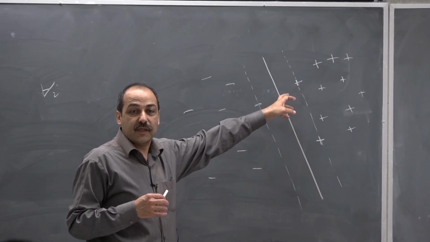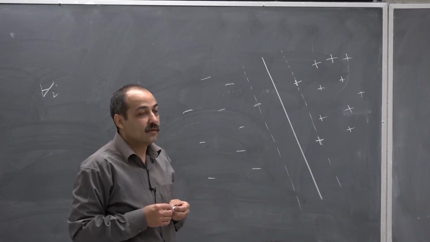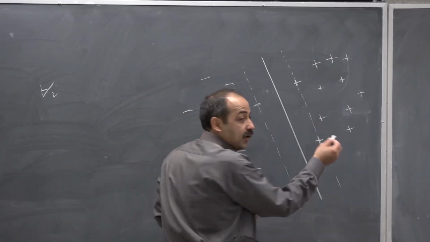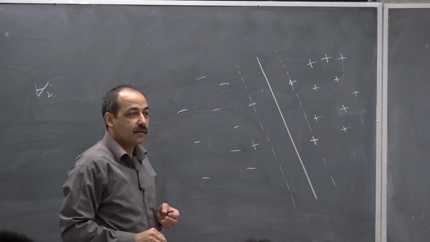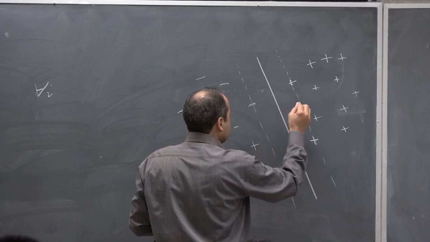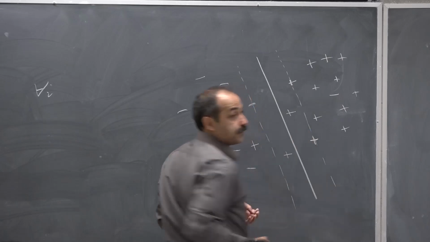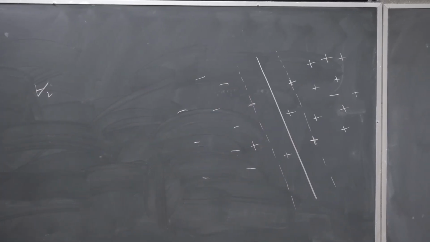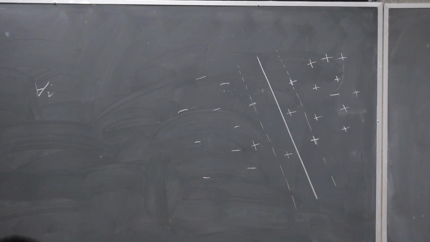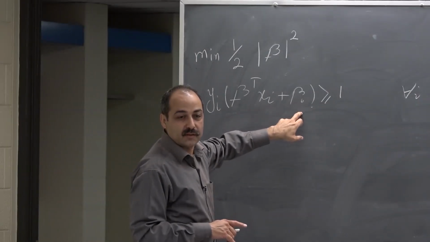It's not possible means that there are always points that are on the other side. So you have this decision boundary, but there is one point from the positive class which is here, or here, and there are points from the negative class here. So if I write this optimization problem, then I cannot satisfy this constraint.